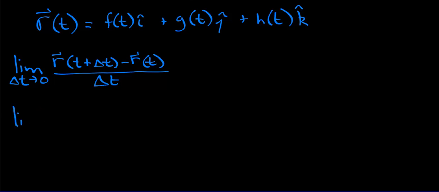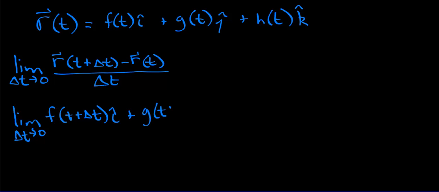Okay. So here we go. We've got f of t plus delta t i plus g of t plus delta t j plus h of t plus delta t k.